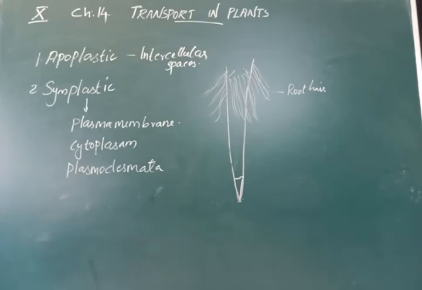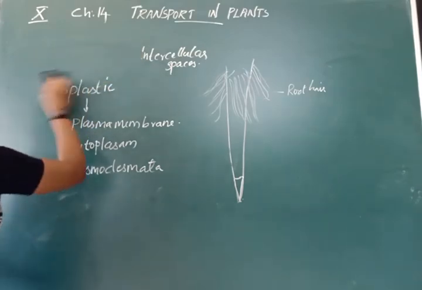Here the movement of water molecules depends on the concentration gradient. So these are the two types of pathway by which water is transported from one cell to another. These are the different pathways of water transport.